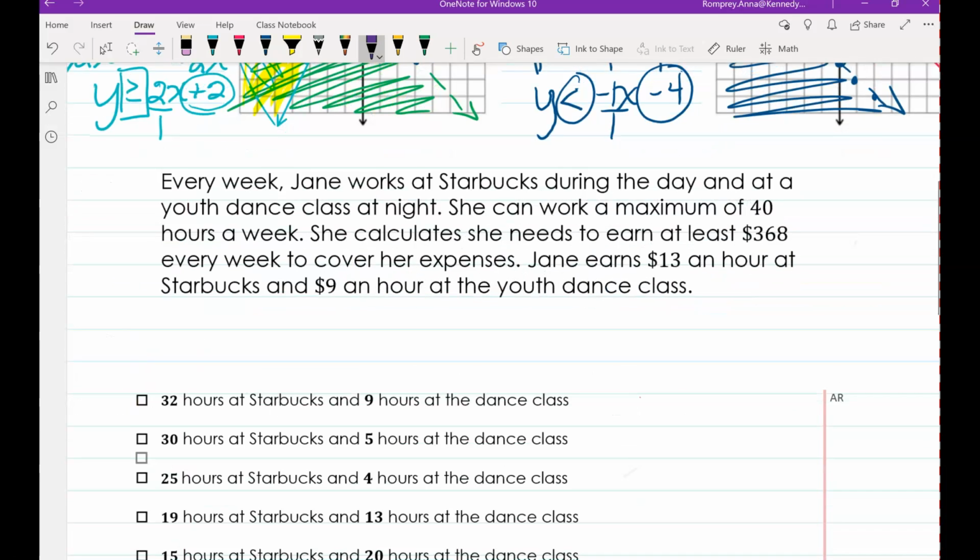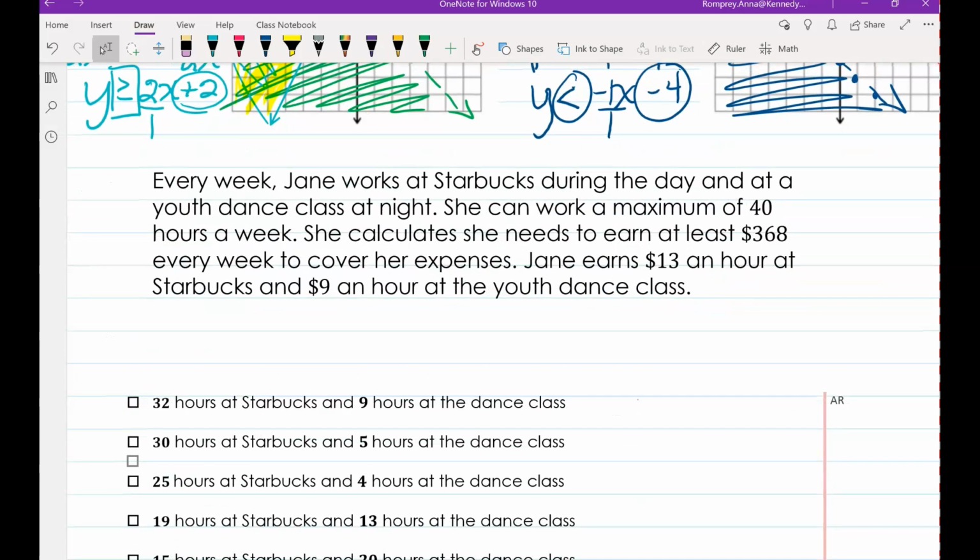Okay, so let's write a system. So we got a couple different things going on. So every week, Jane works at Starbucks during the day and youth dance class at night. She can work a maximum of 40 hours a week. Okay, so that's going to be important. She calculates she needs to earn at least $368, 13 at Starbucks, 9 at youth dance class.